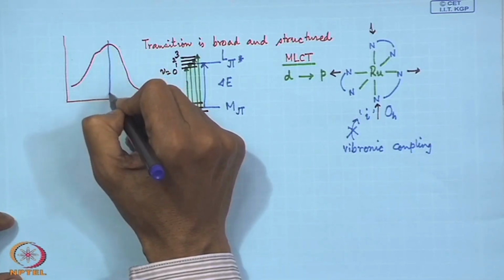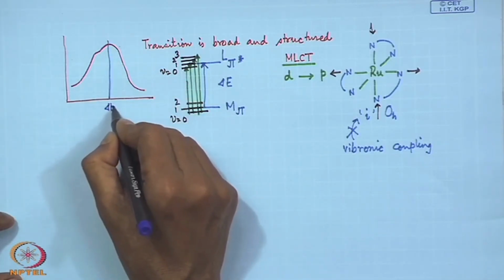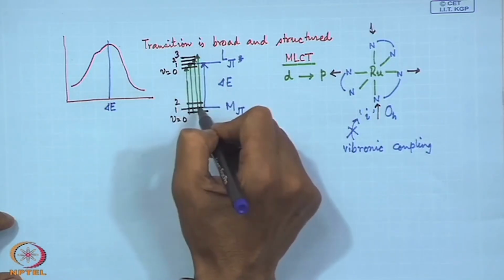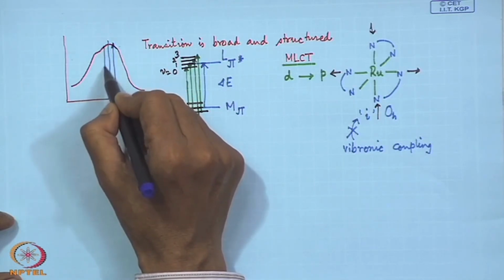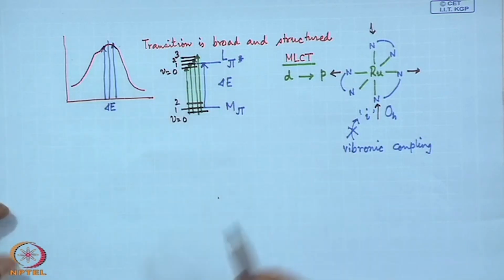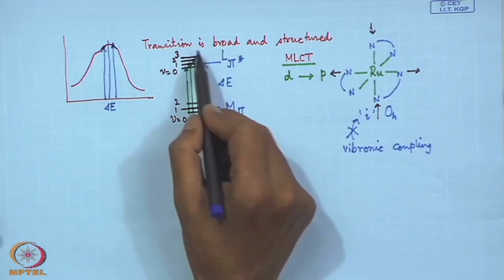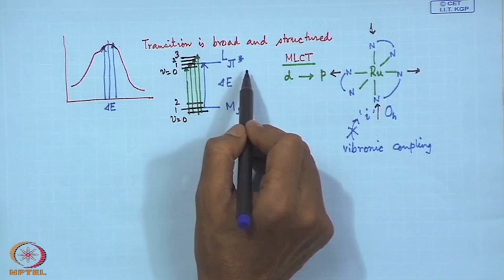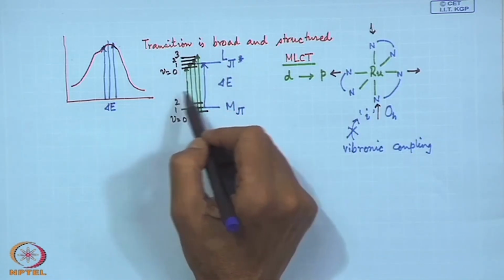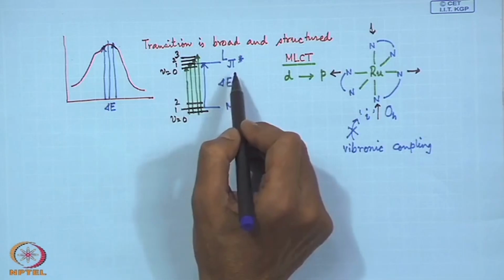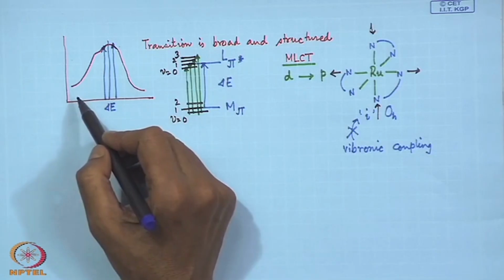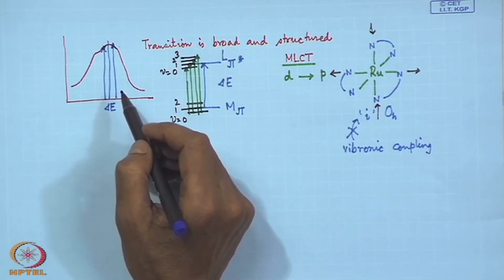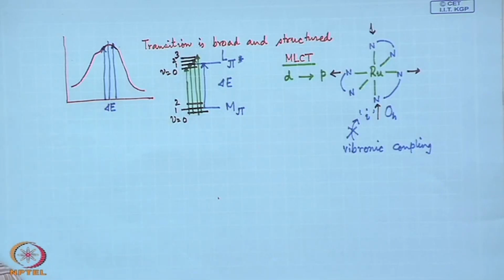If it is centered on this delta E value, we can have certain smaller and certain higher transitions due to the different vibrationally excited levels available for the excited state, which is the L pi star level. So, due to the possibility of several other vibrational levels closely associated with the L pi star level, we have a very broad signal for this compound for its corresponding MLCT transitions at the pi star electronic state.